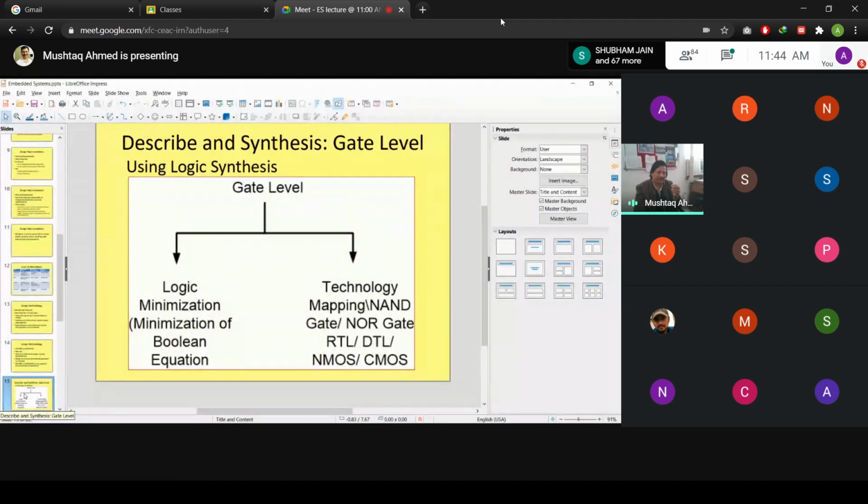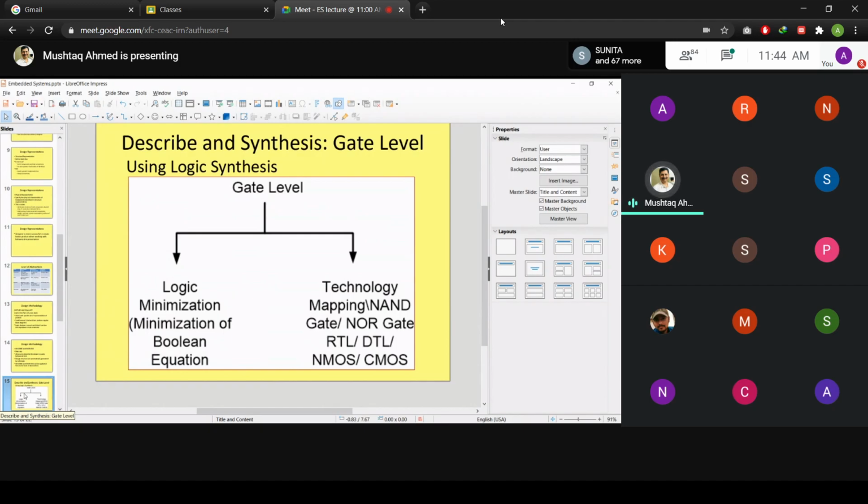So in the describe and synthesis, in the logic gate level, we usually use the logic synthesis. In the gate level, first we require to minimize the Boolean equations. All those logical expressions can be represented using Boolean algebra or Boolean equations.